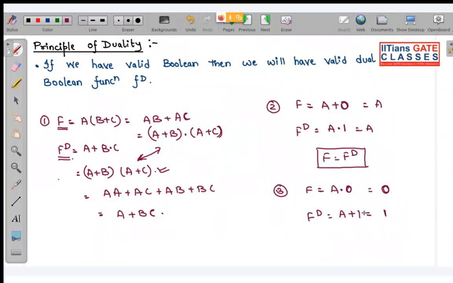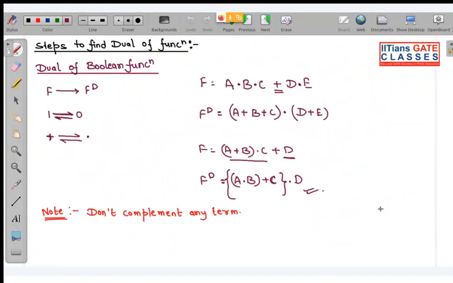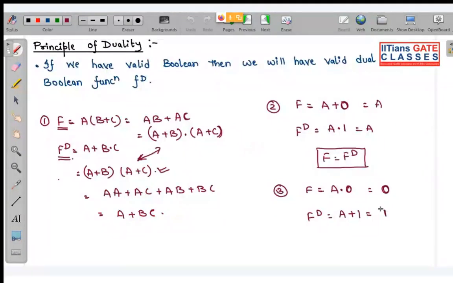I should have got 0 over here. A dot 0 was 0 actually.